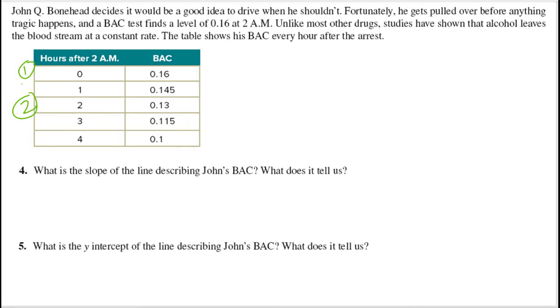I just have 2 decimal places on each one. It's going to make the math easier. So you could also do 0 and 1 hour. Either way. So blood alcohol content is going to be my Y. Hours after 2 a.m. is going to be my X.